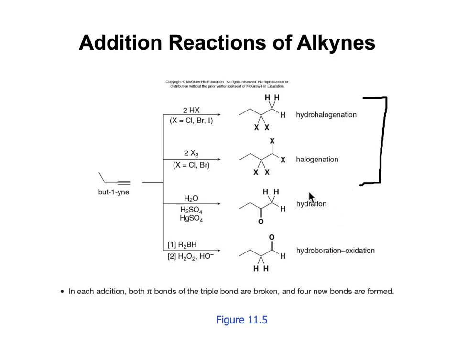Those are hydrohalogenation and halogenation. You must be aware that there are other reactions that can be done. The hydration and the hydroboration oxidation, those mechanisms are a little bit more complicated, and you may see them in organic chemistry 2.